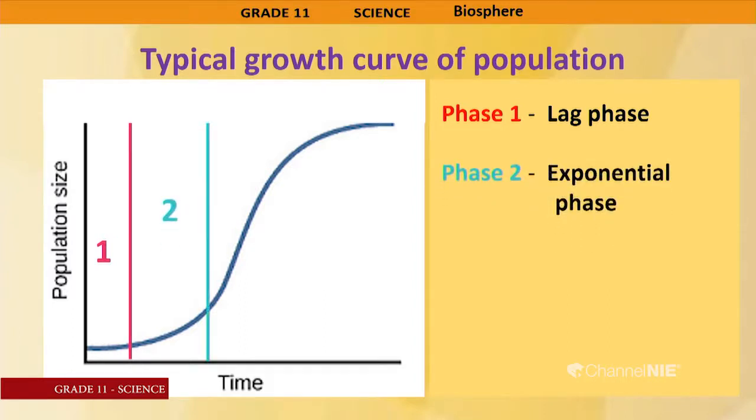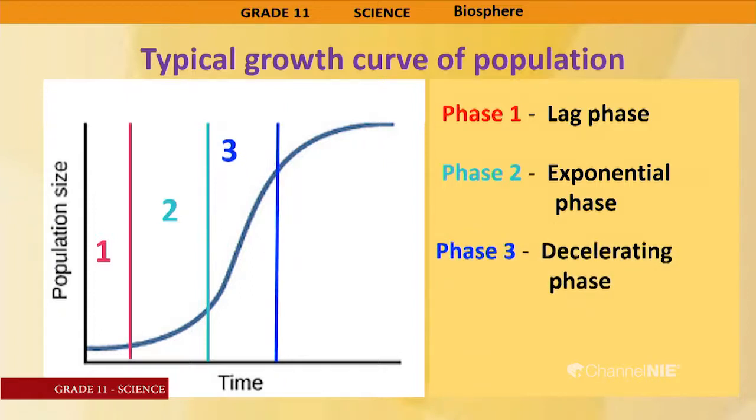In phase 2 you can see a rapid growth rate; we call that the exponential phase. We identify a third phase as well, that is the decelerating phase. There you can see that the growth of the number of organisms has slowed. Later we are going to identify the reasons, but meanwhile you can think about them.